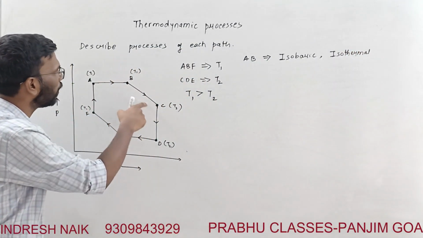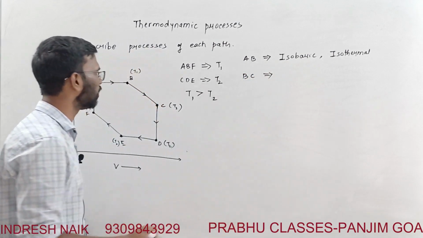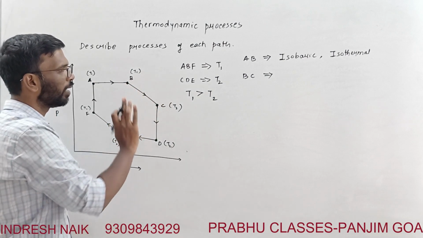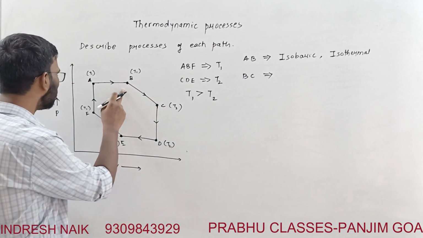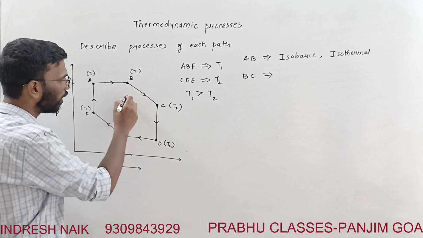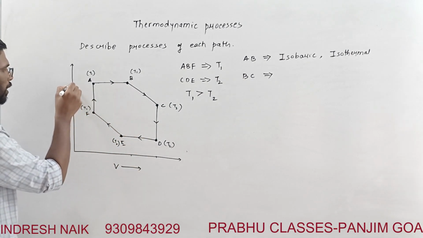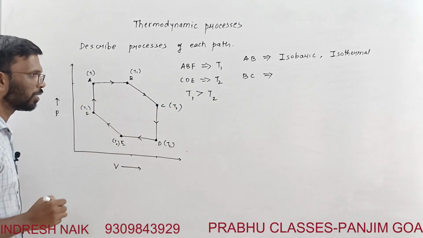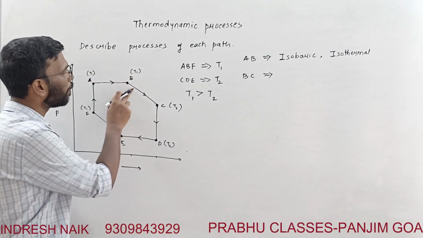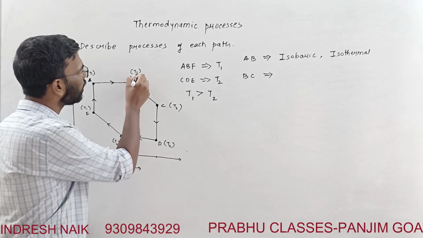Now from B to C, what is changing? Temperature is changing, right? T1, it is not isothermal. The volume is also changing. Initially the volume was this much, and at point C, this is the volume. Pressure is also changing. But what you see is that the temperature is falling, from T1 to T2.